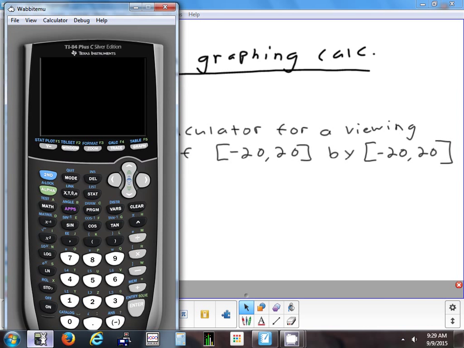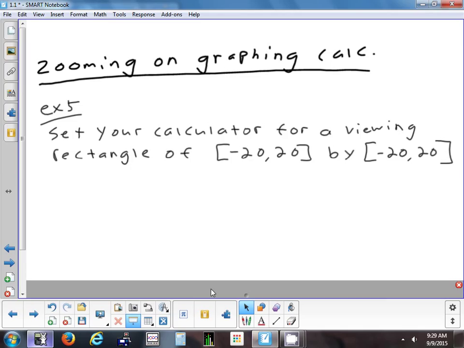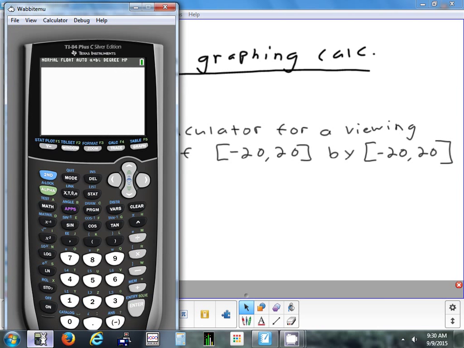Okay, so first thing, we got to turn our calculator on. And let's put something on the screen that we could actually see in this window. Rather than just make a window, let's make it so we can see something. So I'm going to give you a picture to graph. Press y equals. On the y equals screen, type in, press the button right next to alpha, x squared, and type in plus 12.